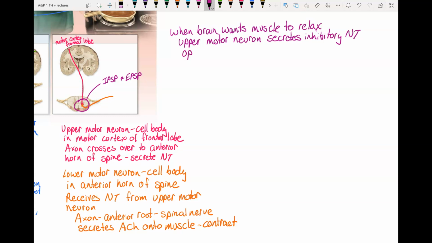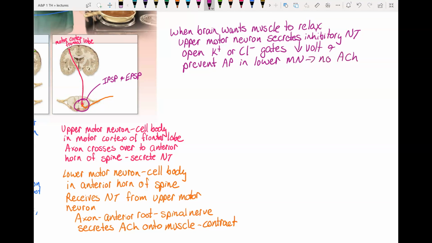And this will open the potassium or chloride gates, so that you reduce the voltage and you prevent an action potential in the lower motor neuron. If there's no action potential in the lower motor neuron, then there is no acetylcholine on the muscle. And without that acetylcholine, the muscle stays relaxed.